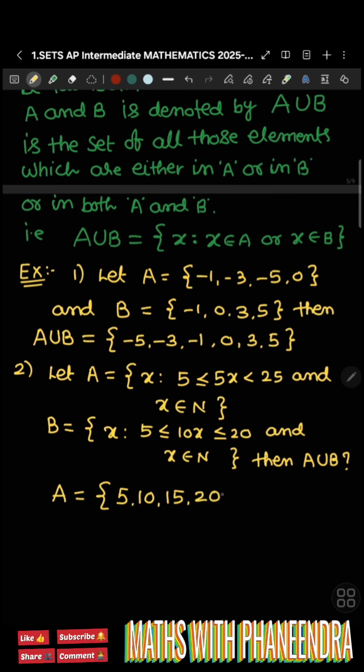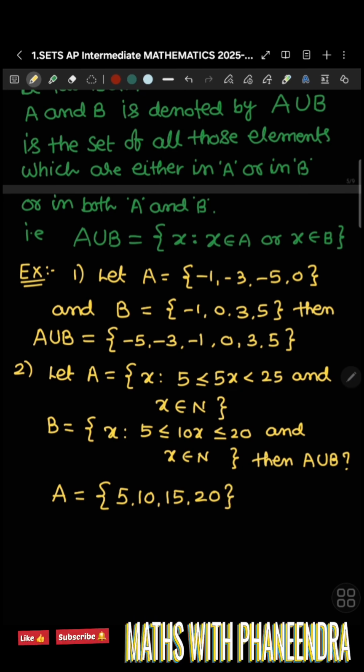In the first set, that only we will write. Why? Because if x is equal to 5, 25 less than 25 is meaningless. That is the reason the A values will come like this.